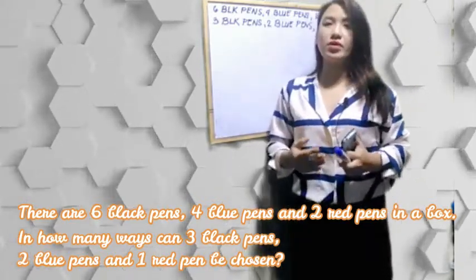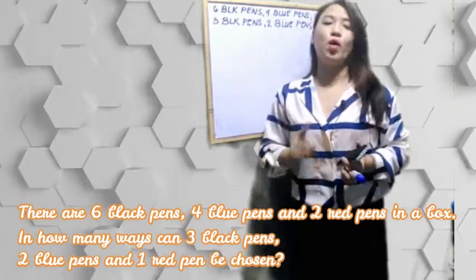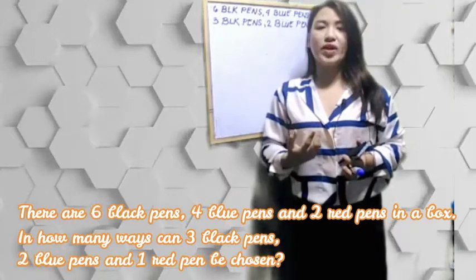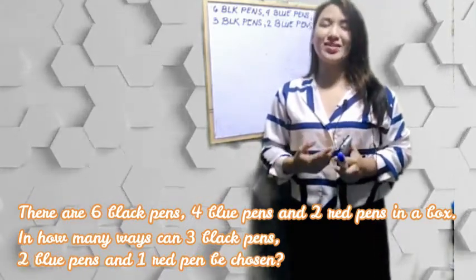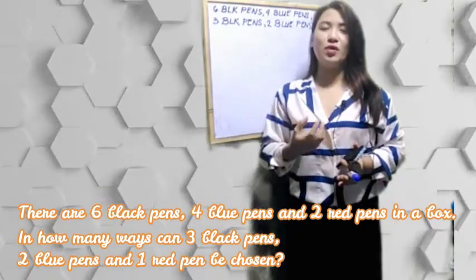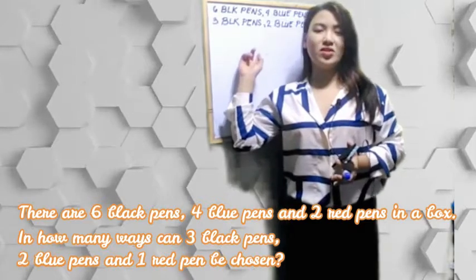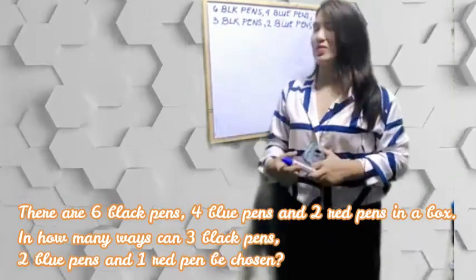If you can still remember, it says that if there are p ways to do one thing and q ways to do another thing, then there are p times q ways to do both things. Since we have 3 different kinds, we will need to multiply the combinations for each kind, and then you would have your final answer.